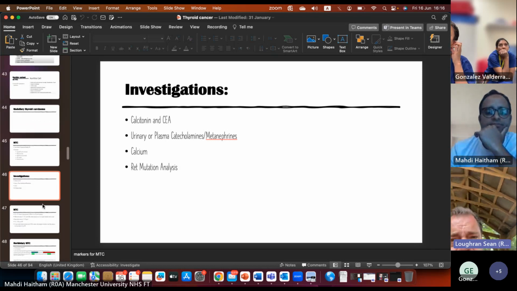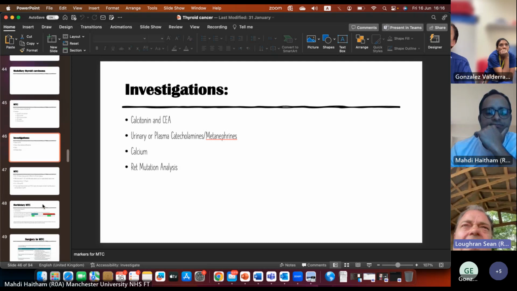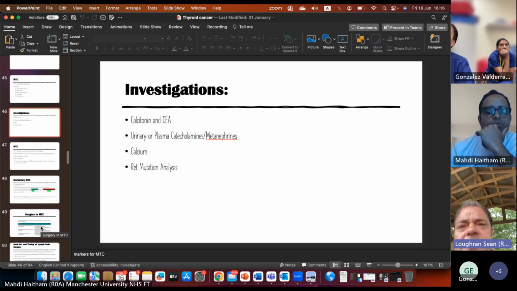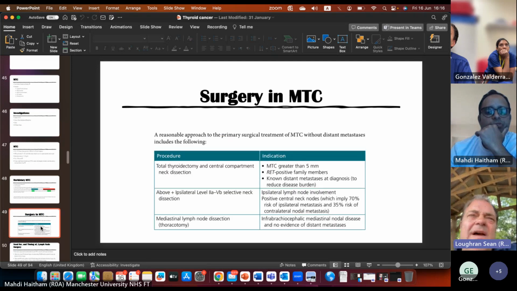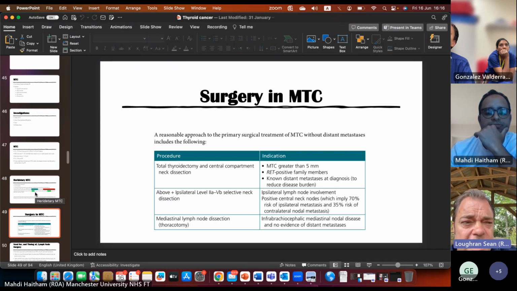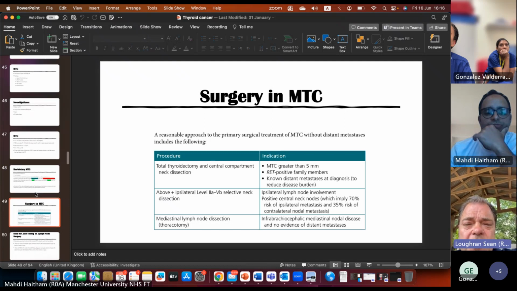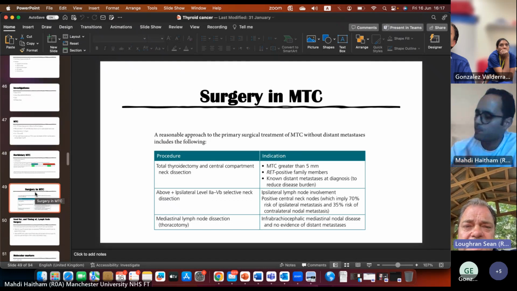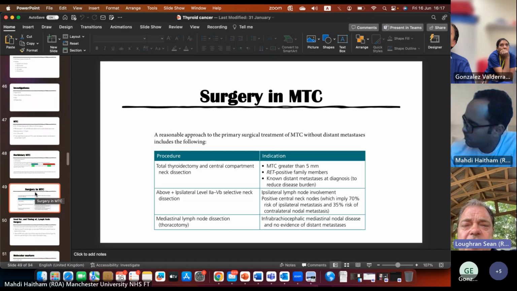Radioactive iodine doesn't work. Chemotherapy and radiotherapy are not really effective, viable treatment options. There are some immunotherapy treatments, which we can talk about a little bit later on. But these in themselves are really in a palliative or disease control setting, not a curative setting. So the only real definitive way to manage them curatively is surgery.